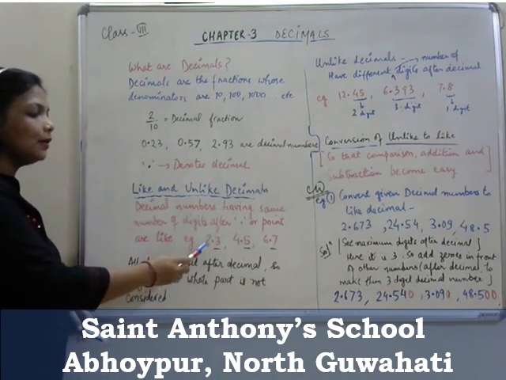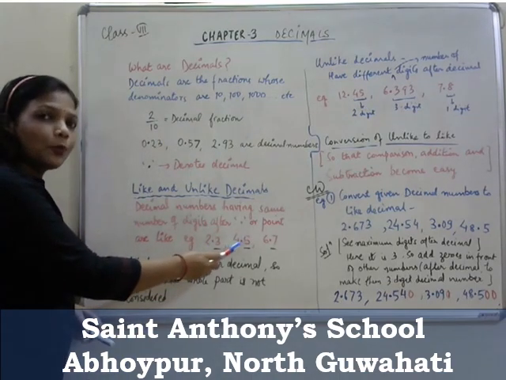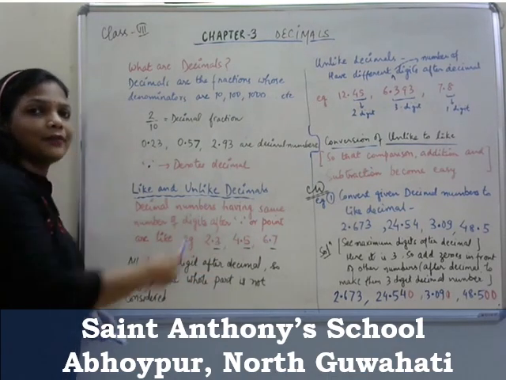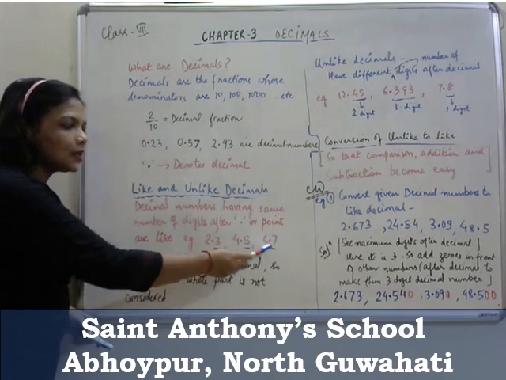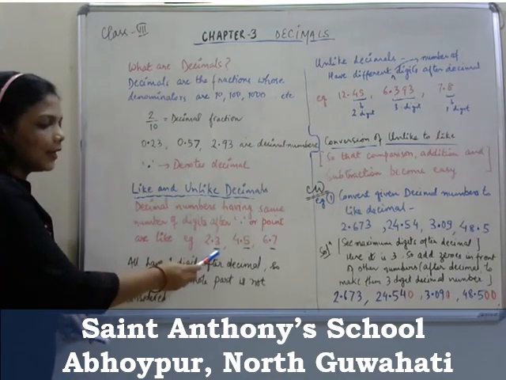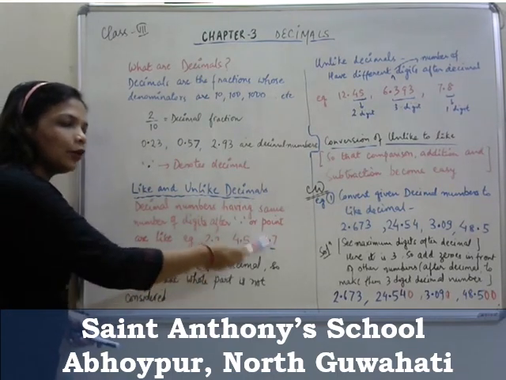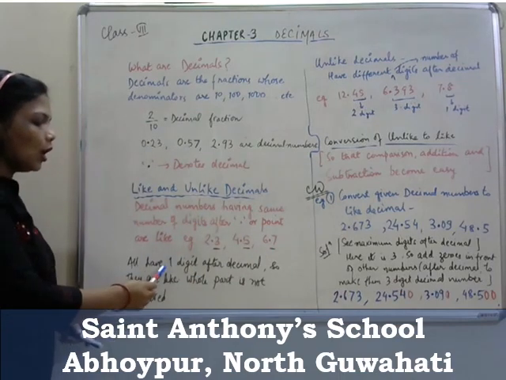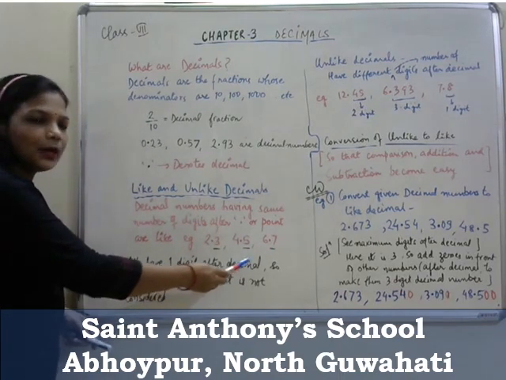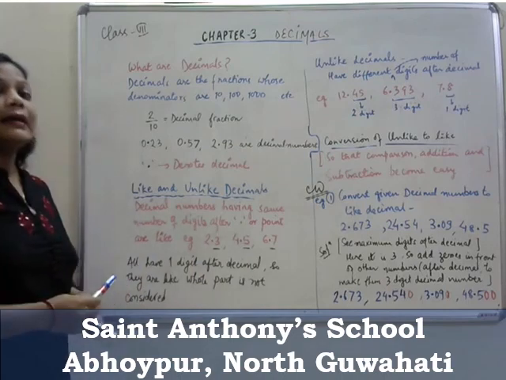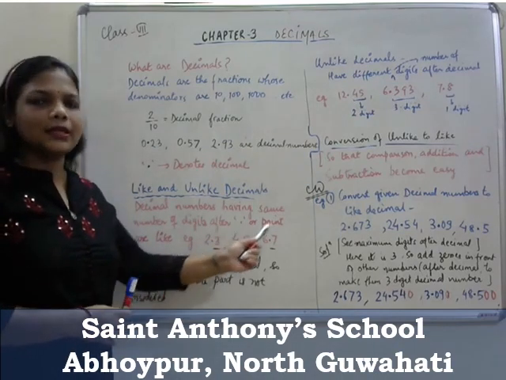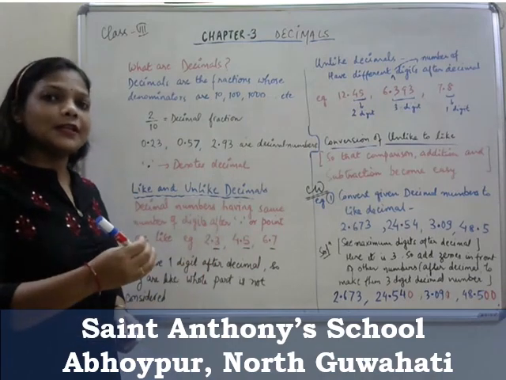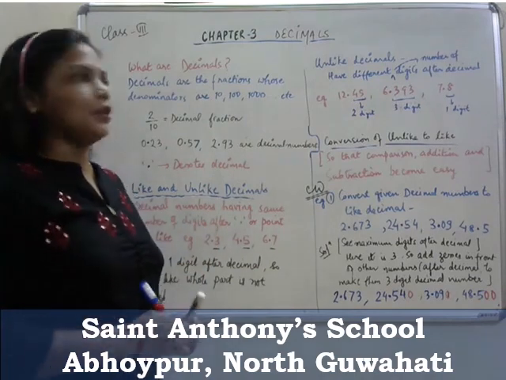See one example, 2.3, 4.5, 6.7. If you see properly, I have underlined how many digits are there after decimal. Here also 1, here also 1, here also 1. So, all have 1 digit after decimal. So, they all are like decimals. Even they can have 2, 2, 3, 3 and so on. But after decimal, they should have the same number of digits.